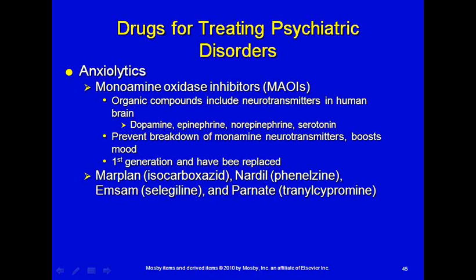This was definitely a very early first-generation anxiolytic, and most have been replaced. I'm sure there may be people on them, but I'm just not aware of anybody that takes an MAOI. They include Marplan, Nardil, Emsam, and Parnate. So if you come across them, you know that they're really early generation anxiolytics.